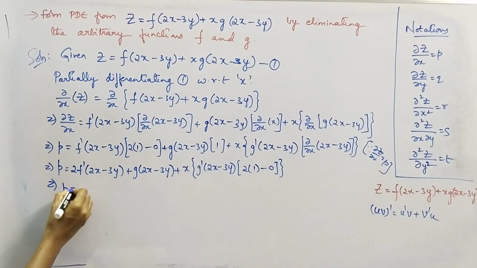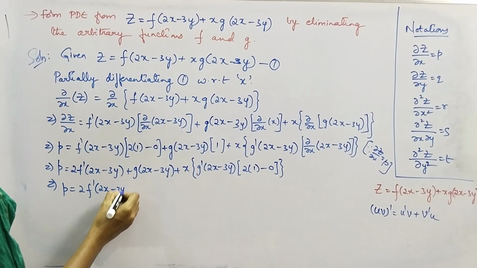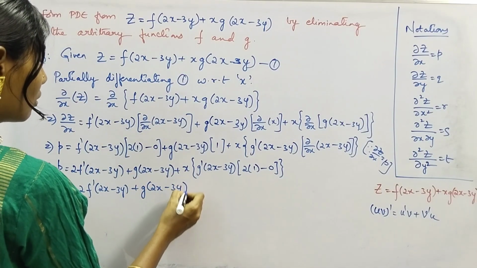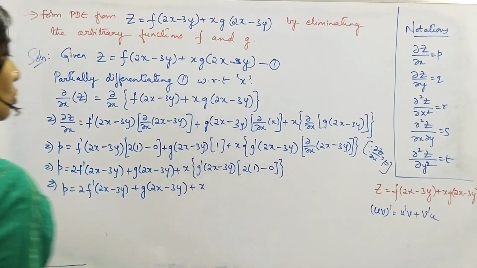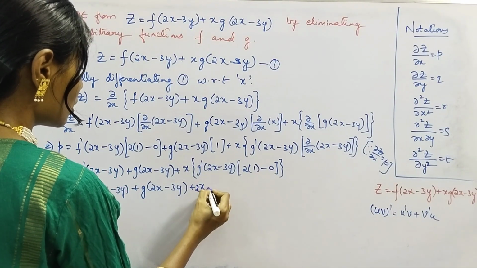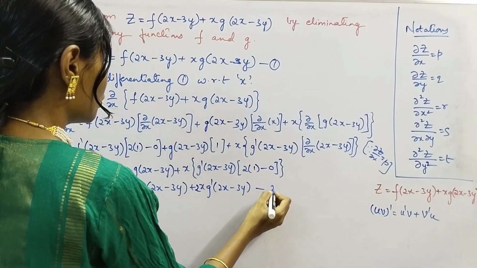This gives us p equal to 2 times f dash of 2x minus 3y plus g of 2x minus 3y plus x times, here you have 2 into 1 is 2, 2 minus 0 is 2, 2 into x is 2x, we'll get 2x into g dash. Consider as equation number 2.